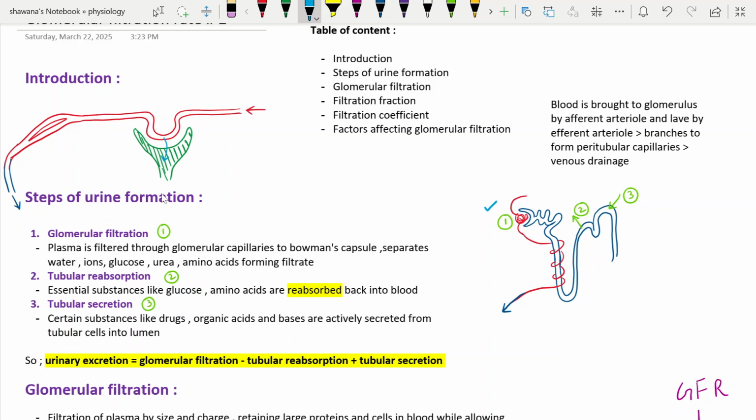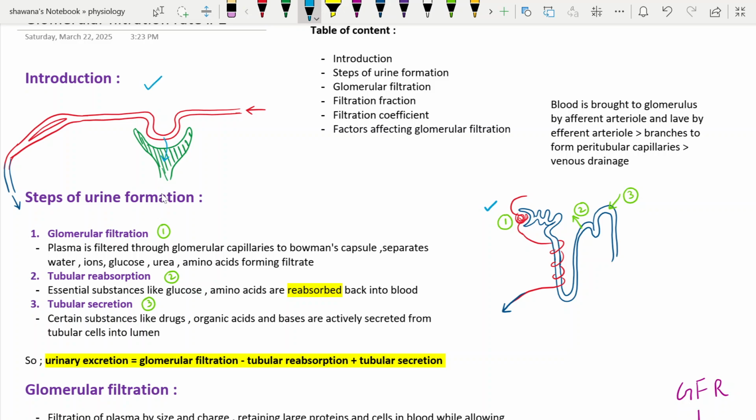After that, tubular reabsorption occurs, where essential substances like glucose and amino acids are reabsorbed back into the blood. And third is tubular secretion, which can be active, like potassium or organic acids and bases being actively secreted into the lumen of the tubules.